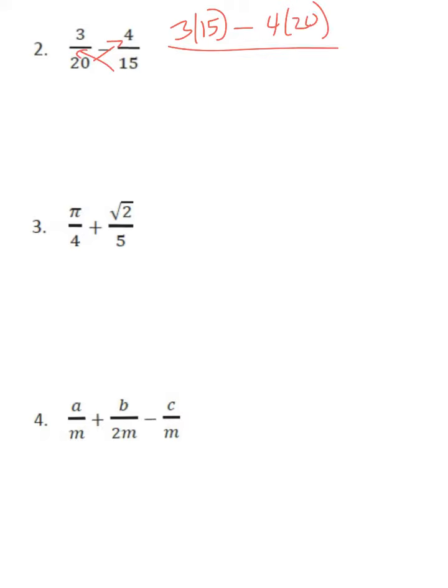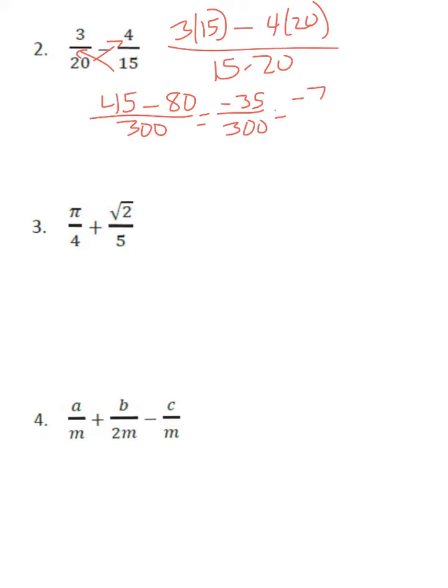All over, and we put the 2 together, 15 times 20, or 20 times 15. So what do I get here? I get a 45 minus 80 all over. When I do 15 times 20, we get 300. So that thing will be a negative 35 over 300. And of course, I can reduce that to a negative 7/60ths.